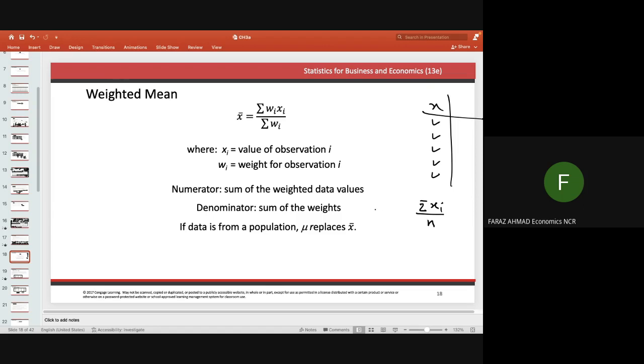Now weighted mean is the sum of the product of xi and wi, where wi is the weight, divided by the sum of weights.